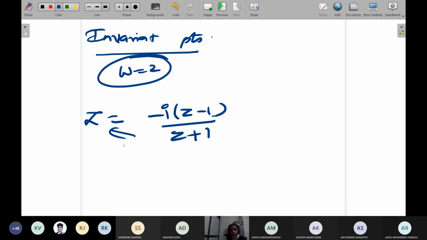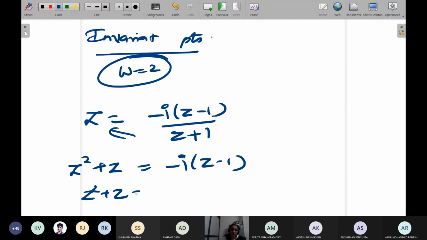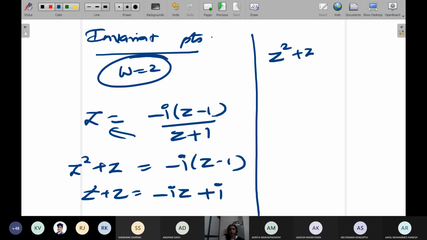Now cross multiply. You get z square plus z equals minus i into (z minus 1). So z square plus z equals minus iz plus i. Bring all the other terms to one side. You'll get z square plus z plus iz minus i equal to 0.